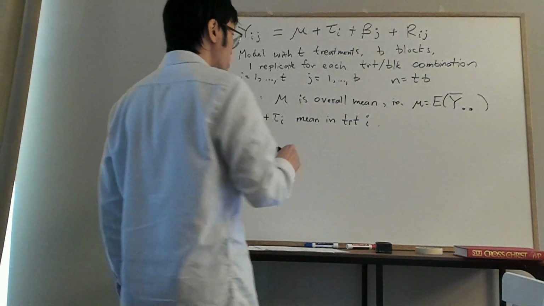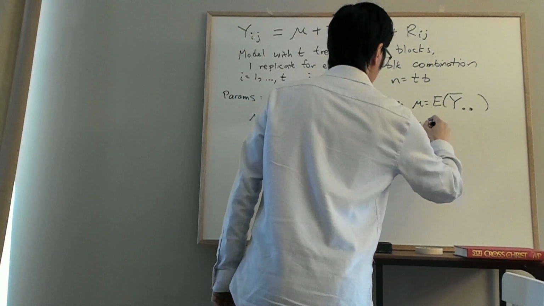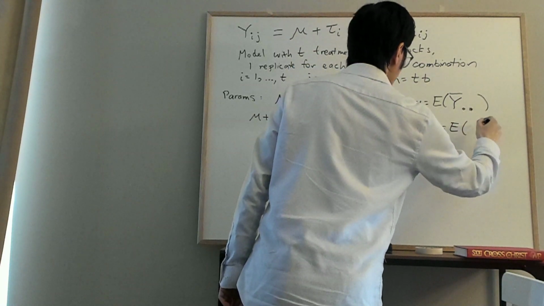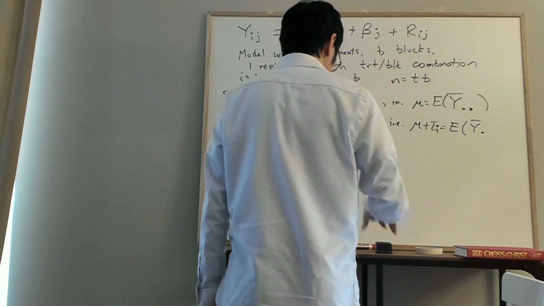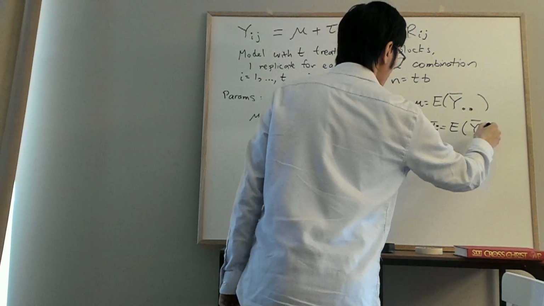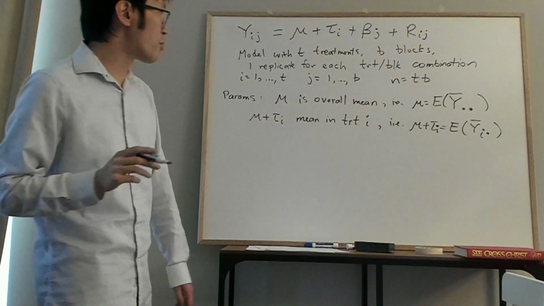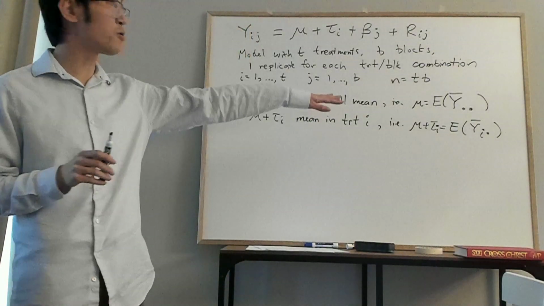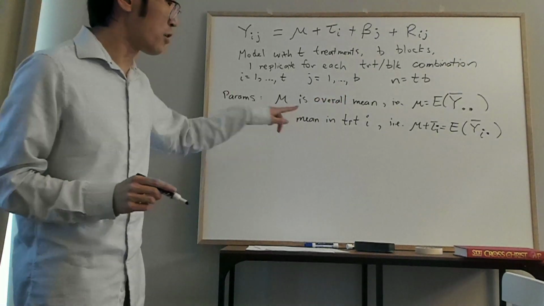So mu plus tau i would be the expectation, and we want that to equal the expectation of the mean of all the units assigned to treatment i, so y bar i dot. That is, all the units assigned to treatment i across all blocks, averaged over all the B blocks. So that is the mean of treatment i.